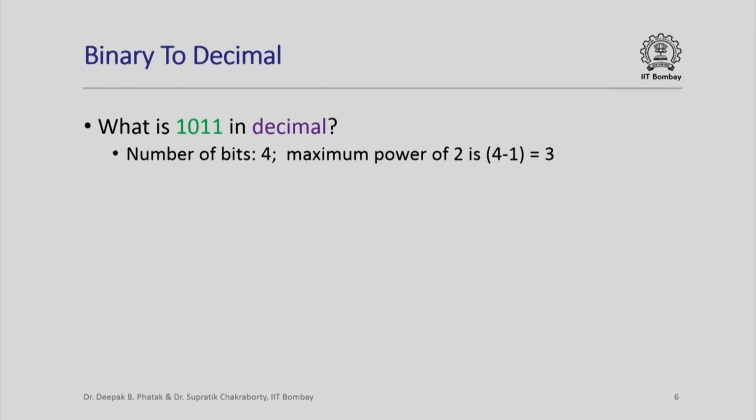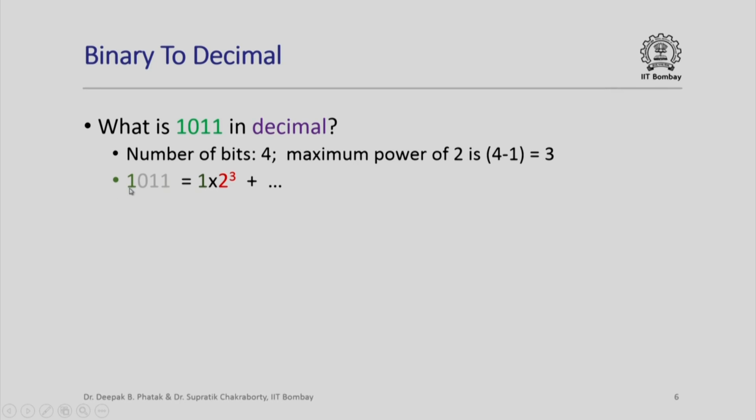So the first thing to note here is that this binary number has 4 bits. So this bit is going to be associated with 2 raised to 0, this with 2 raised to 1, this with 2 raised to 2, and this with 2 raised to 3. So the maximum power of 2 that we are going to use is 3, that is the number of bits minus 1. And then how do we figure out what integer this is in the decimal notation?